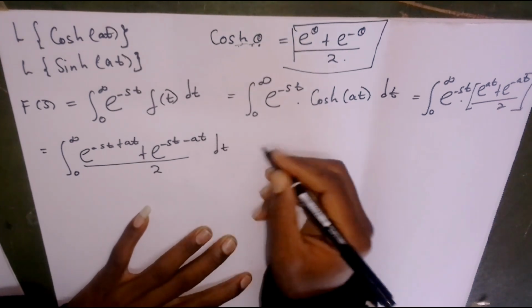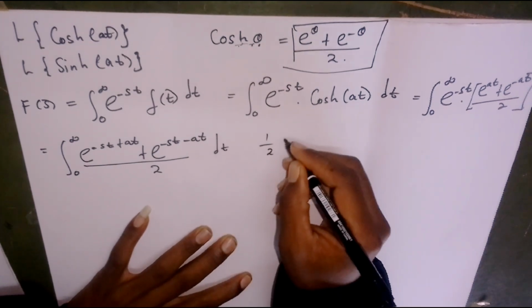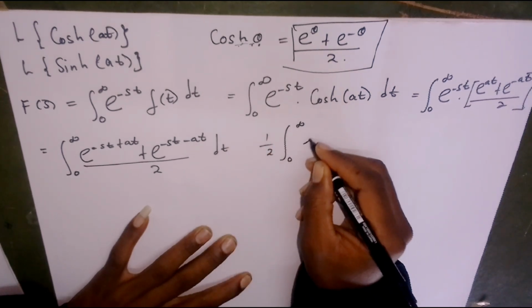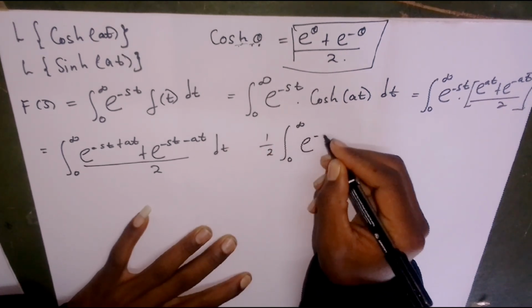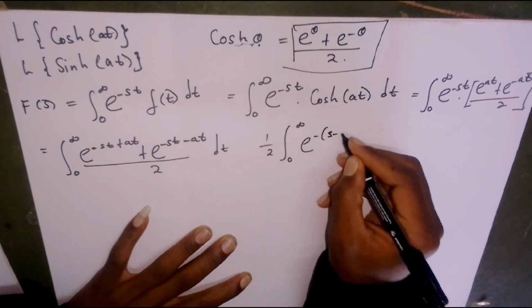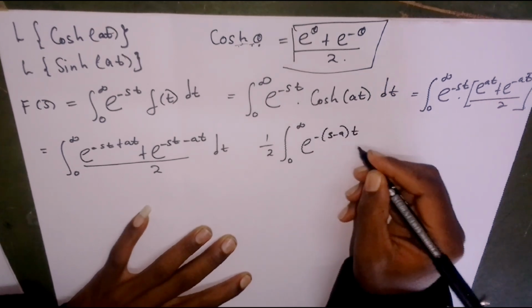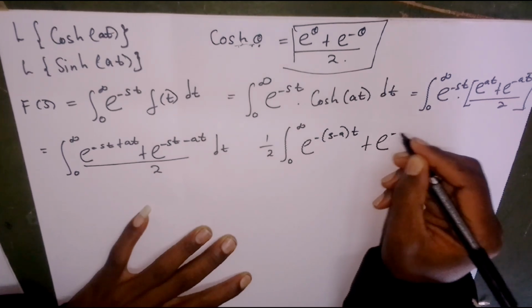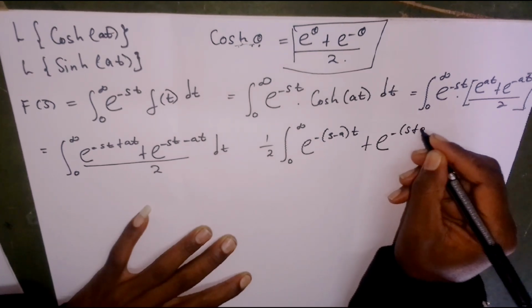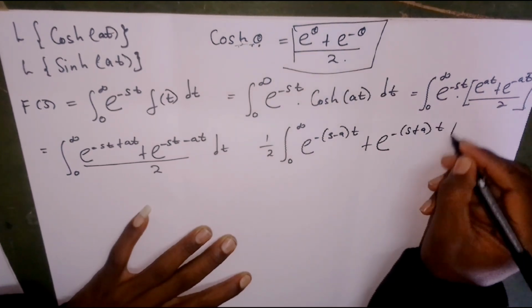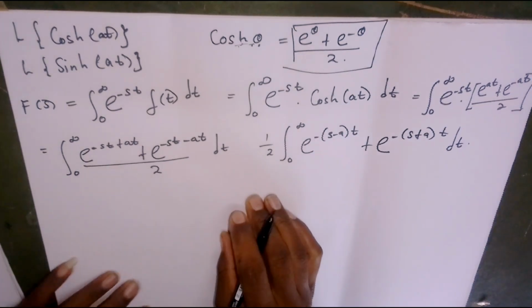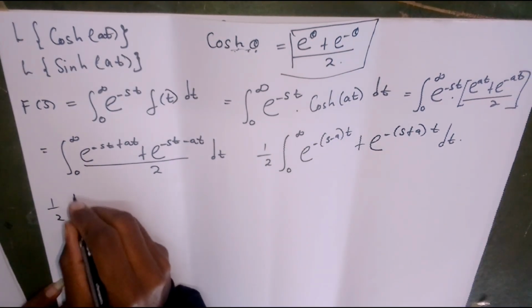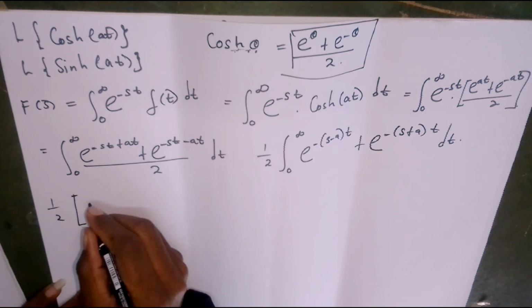And now we can factor out our half, and then we're left with e to the power negative s minus a, plus e to the power negative s plus a, dt. And now we can solve our integrals.